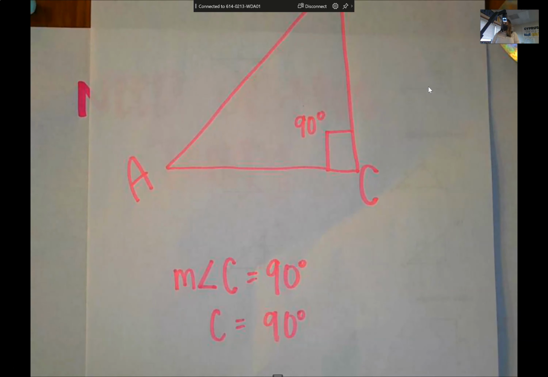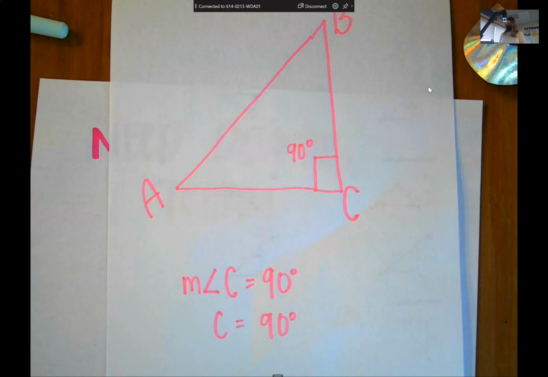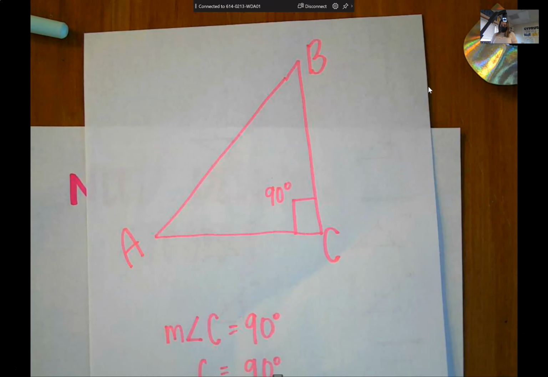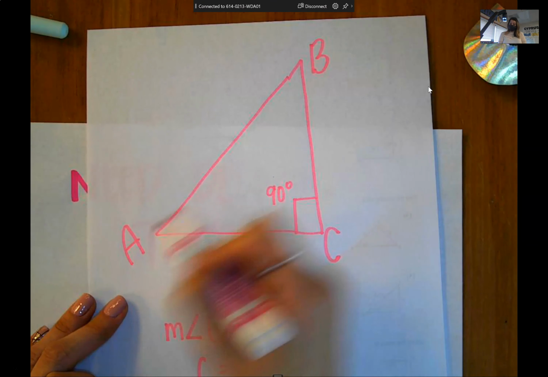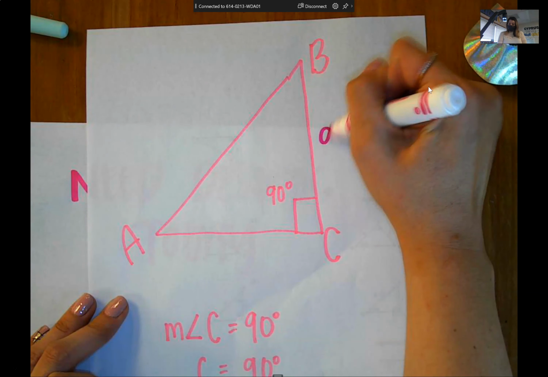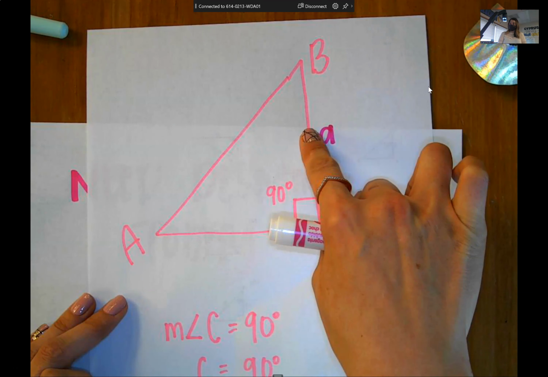Then usually we use those angle names to name our sides. So little a is opposite of big A. So that means this is side A, because you always go across.